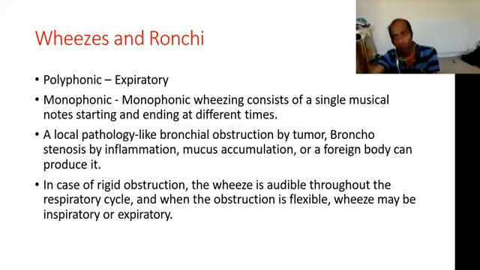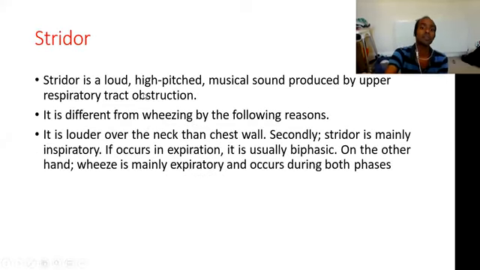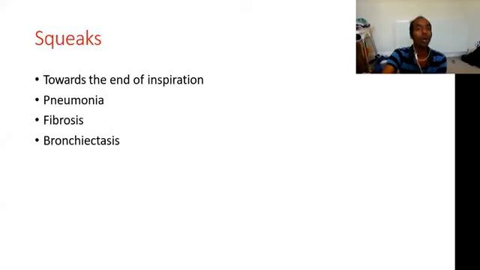And monophonic rhonchi are more of a single sound, and it is often due to obstruction of a bronchus. Read all this later. Stridor I'm not going to talk about. Squeaks again are sounds that you hear towards the end of inspiration. I won't talk about that very much.